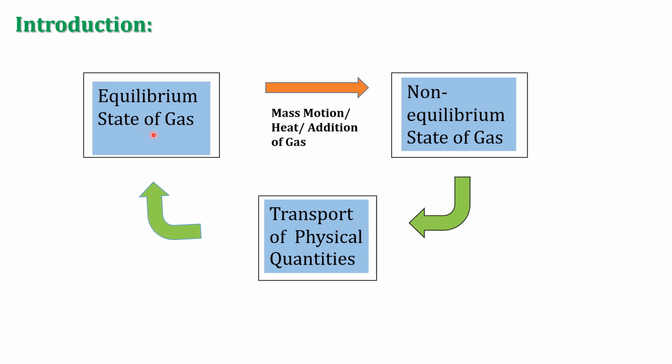In equilibrium state, the total physical quantity transported across the unit area is zero due to equal flow in opposite directions. Using that concept, we explain the next term.